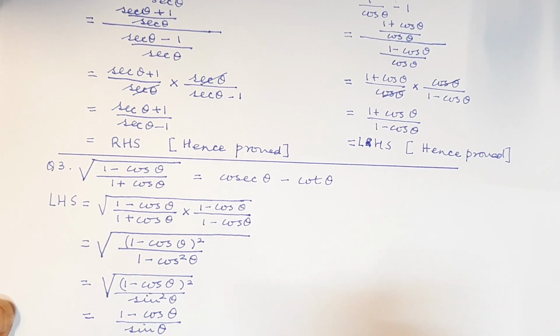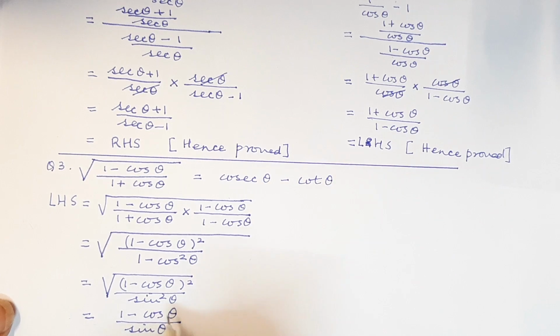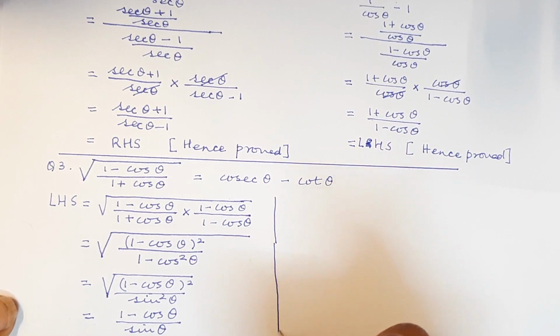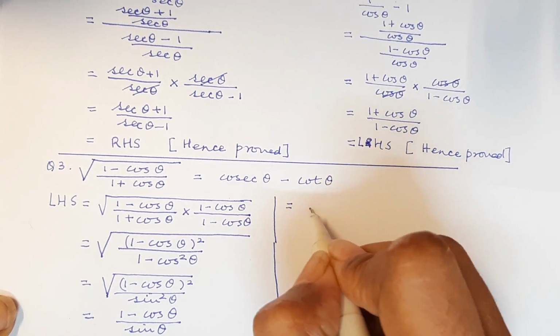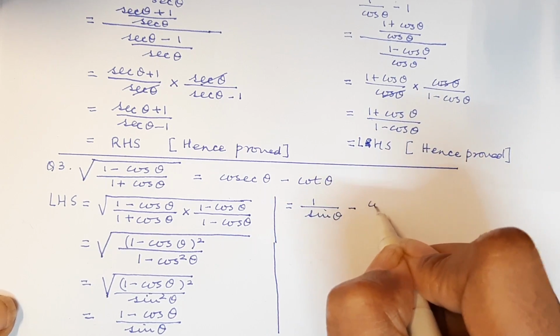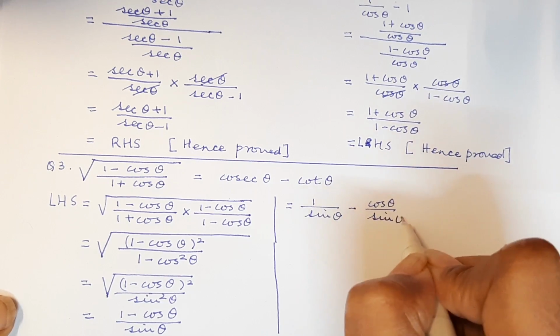Now keep looking over here. What is our right hand side? It is not one term like how we got over here. It is two terms. So what we do is we split it as 1 upon sine theta minus cos theta upon sine theta.